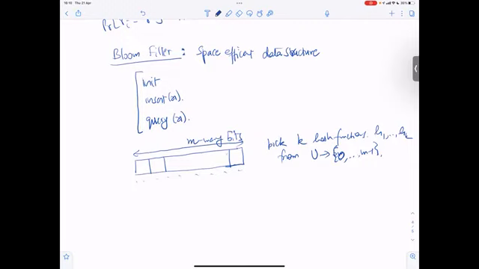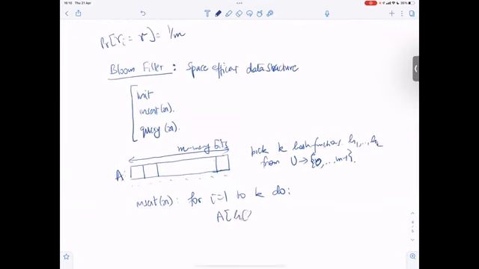To insert X, you do, for i equal to 1 to k, A of Hi of X equal to 1. That's it. So you put a 1 in each of the k spots given by the hash values.